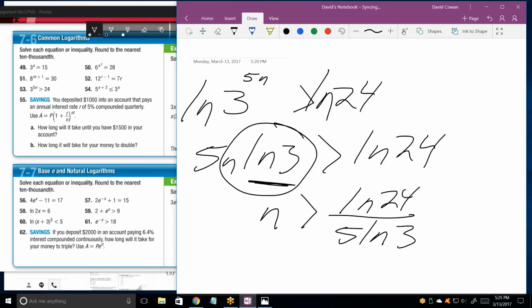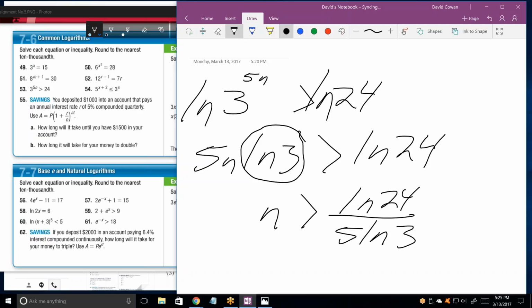Now, that's very important on this problem, because the way I'm going to solve for n is I've got to divide by 5 times natural log of 3. So it's extremely important to know whether that's a positive or a negative number, because if that's a negative number, then I've got to switch the direction of the inequality.